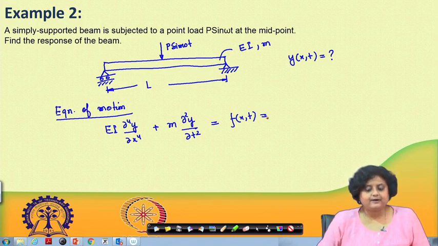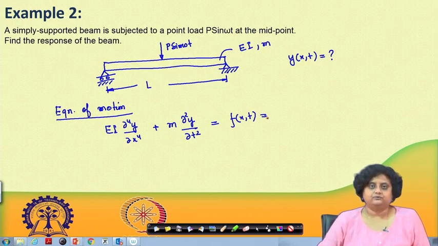The time variation of the load is sinusoidal, given as sin omega t, where omega is the driving frequency, or the frequency of the applied load. So, how am I going to express this force mathematically?